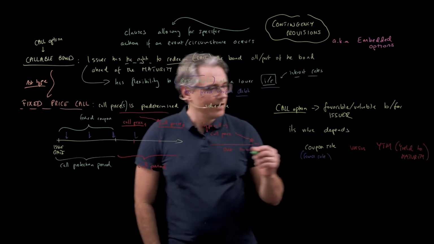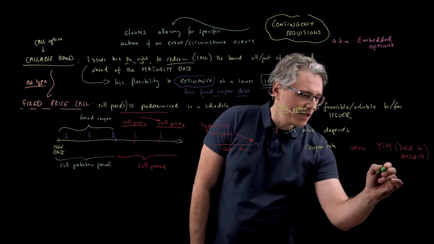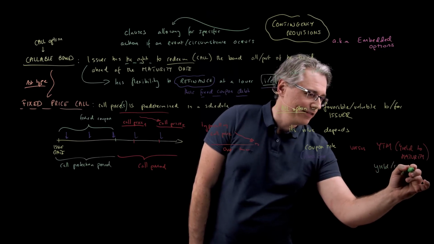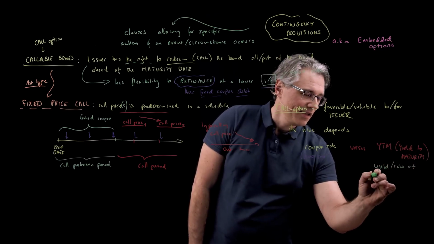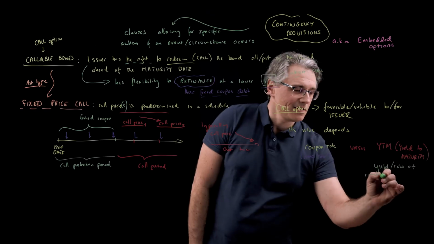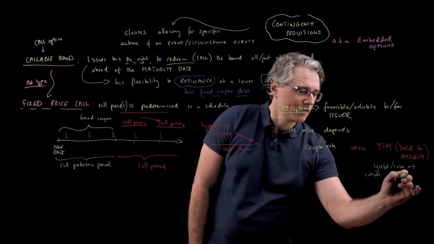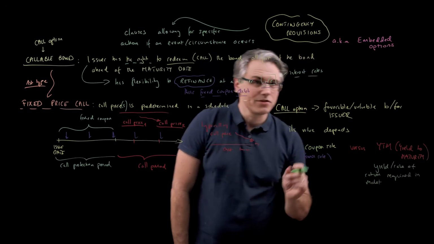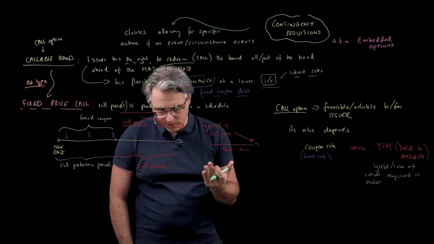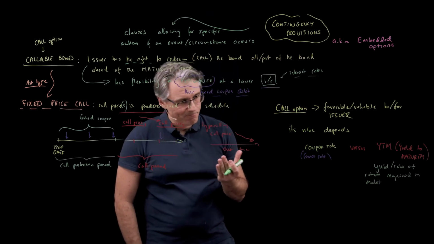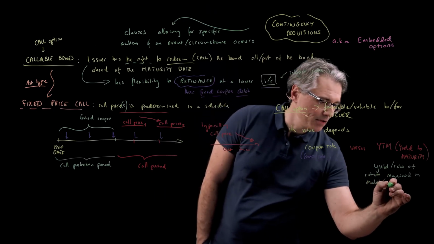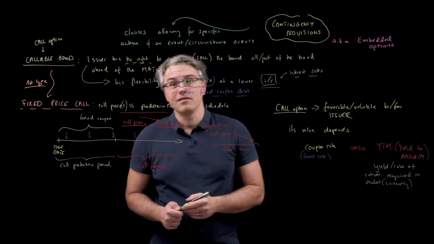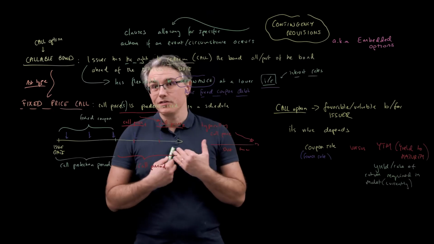It's the yield, as the name suggests, yield to maturity, or rate of return, as you may say as well, a rate of return that is required in the market. Now, obviously, required in the market currently. Let me put that down in a bracket as well, currently. So what investors require as a rate of return right now.